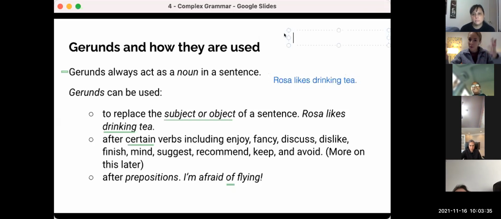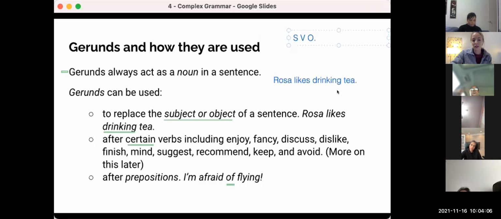Let's go back to basic grammar, the very, very beginning. A good English sentence must have a verb. If there's no verb, there's no sentence. We build the sentence from the verb. The subject is the noun or person that does the action of the verb, and the object receives the action of the verb.